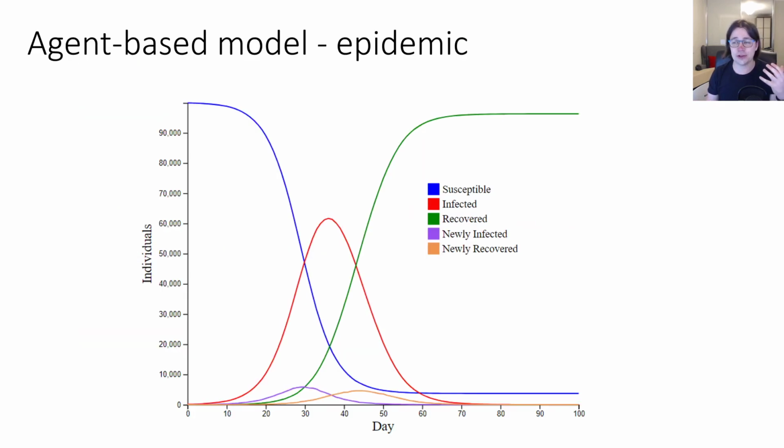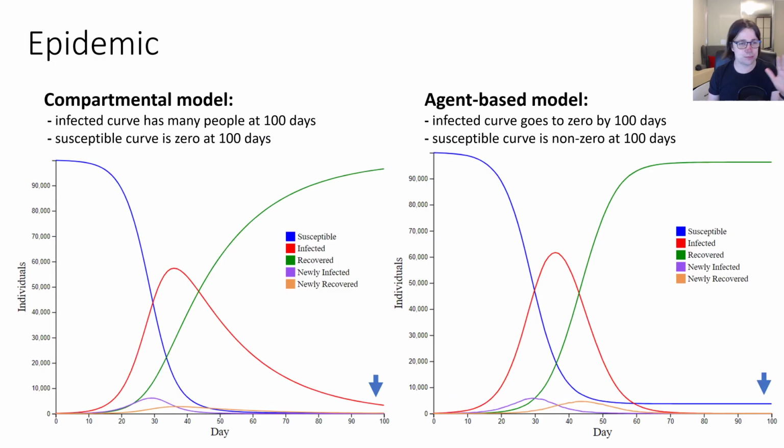If we zoom in a bit closer, you'll notice that the infected, this red curve, looks like it peaks at about the same day, and the susceptible goes down very low, but it doesn't go to zero. And the total infected people, they go to zero, which is very different. Let's just put these two curves up together. The compartmental model has many infected people at 100 days, whereas the agent-based model has almost zero infected people at 100 days.